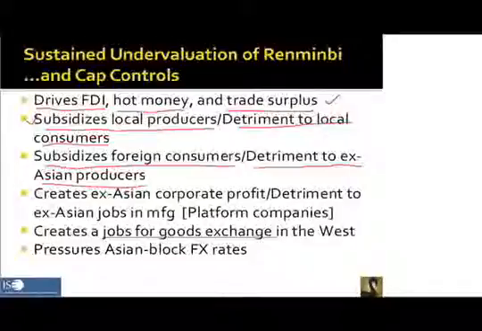There are all these unintended consequences, and this is part of what this policy has created in a very, very big way. It also creates ex-Asian corporate profits to the detriment of ex-Asian jobs. Let me explain that. Let me give you an example. Apple manufactures the iPod mostly, or at least it's fabricated in China.